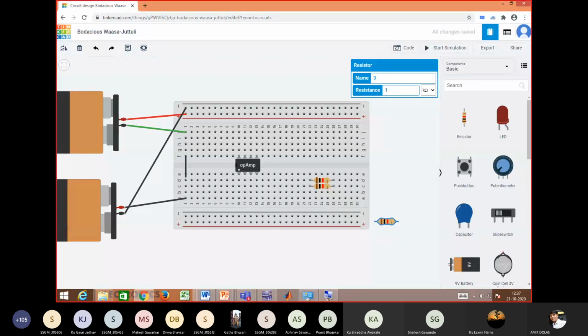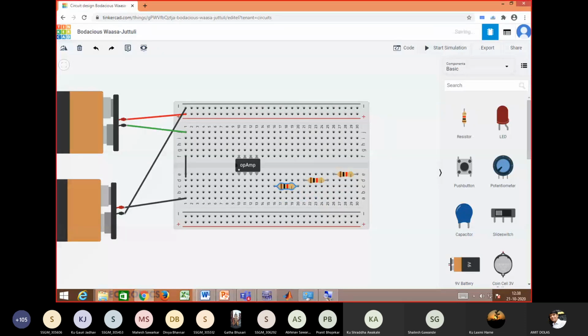I'll connect it here. It is wrong, of course. I'll connect it here. I have to connect it in this fashion. So somewhere here, this will be V1. Say this will be V2 here, and this will be V3.